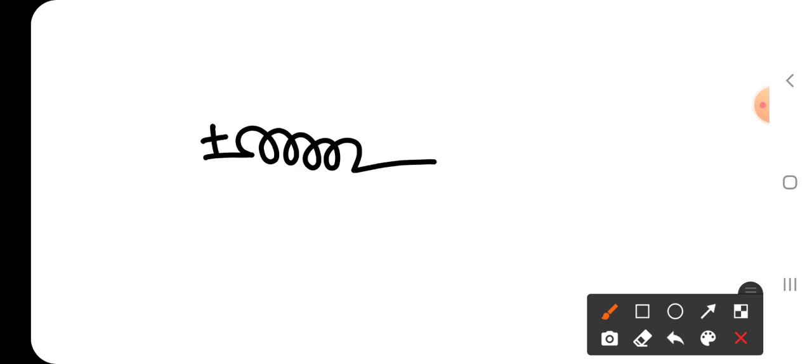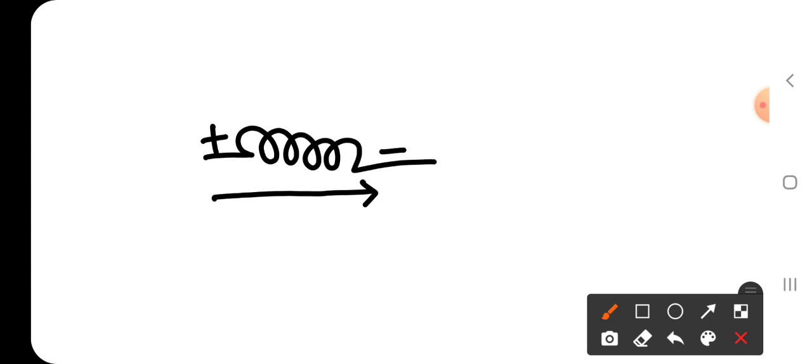When choppers CH1 and CH2 are turned on, the current flows like this. What about the inductor? The inductor terminals are plus and minus in this fashion, and the current is flowing in this fashion.